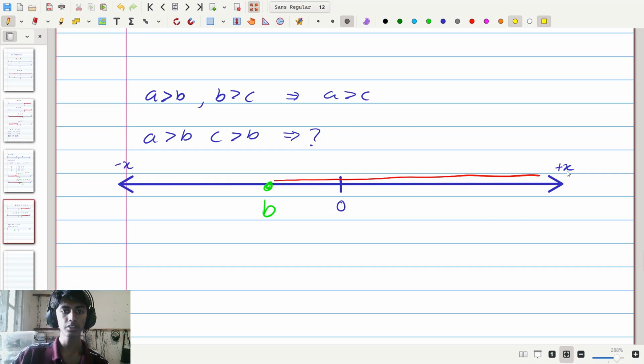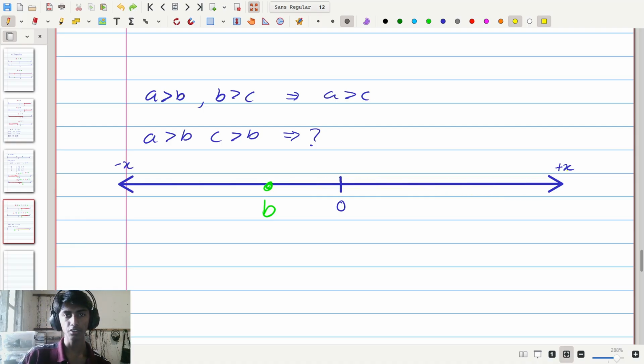What we mean by C greater than B is that C is somewhere along this line. But just because A is somewhere along this line and C is somewhere along this line, we cannot say where A is relative to C. So here you can see the underlying issue.